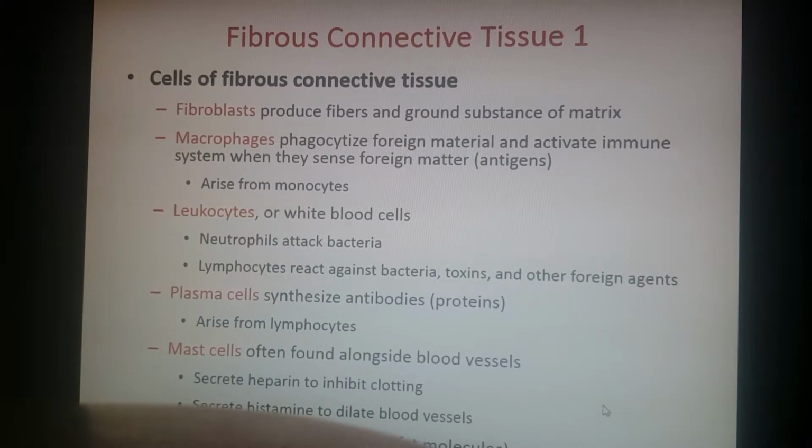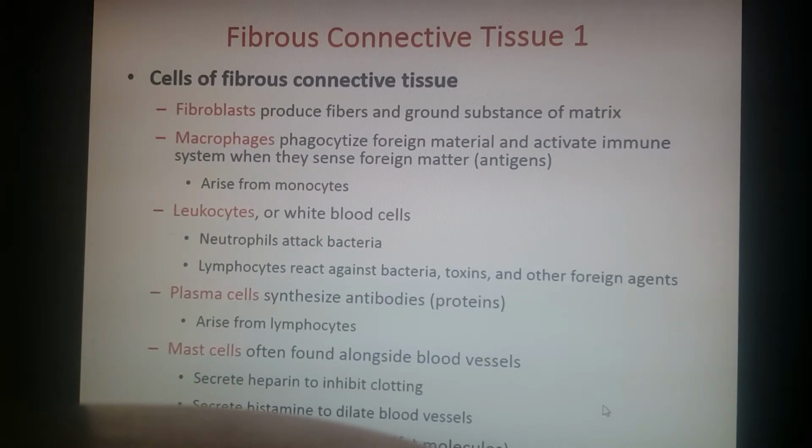So there's different cells that make up our connective tissue. So first, focusing on the fibrous connective tissue. What makes this tissue fibrous are our fibroblasts. So our blast cells, regardless of the tissue type, are going to be some kind of builder cell. So they're going to make more of that connective tissue.